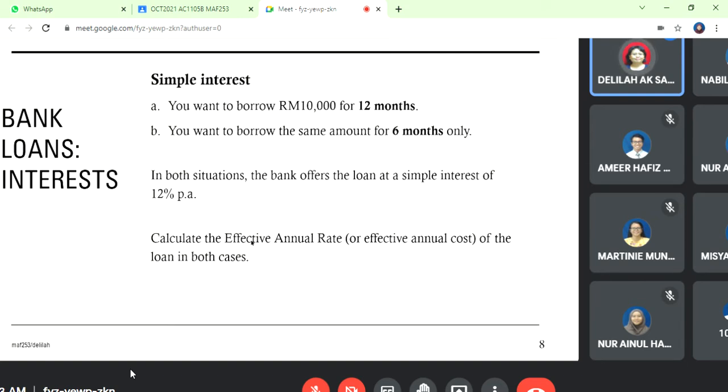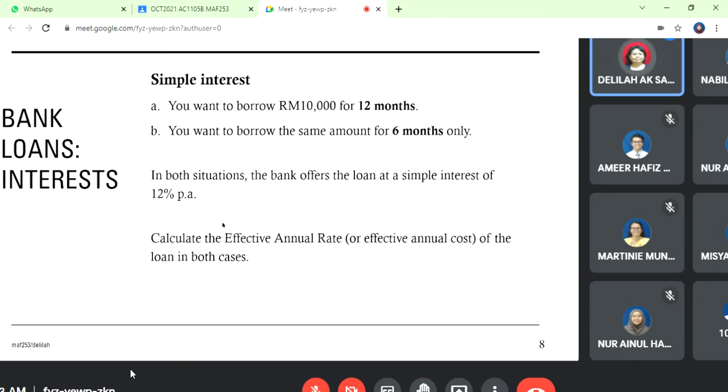The other one is discounted interest. When you get a simple interest loan, that means you just calculate the interest based on the amount that you receive. The amount that you receive is going to be the same as the amount you borrow.